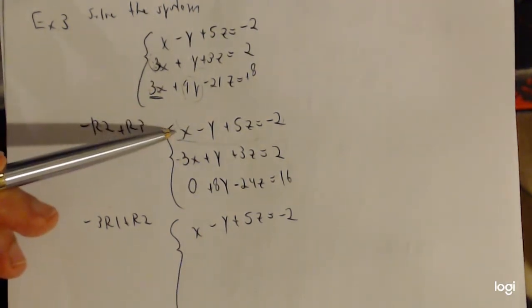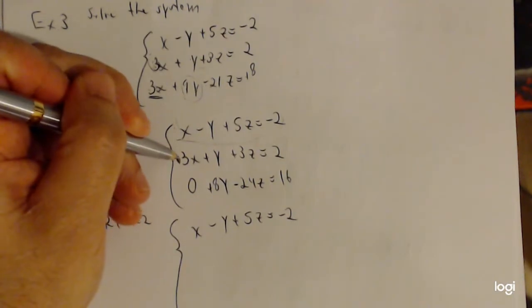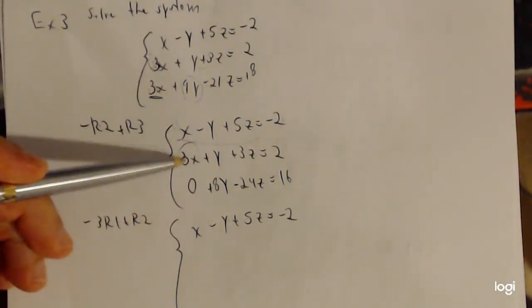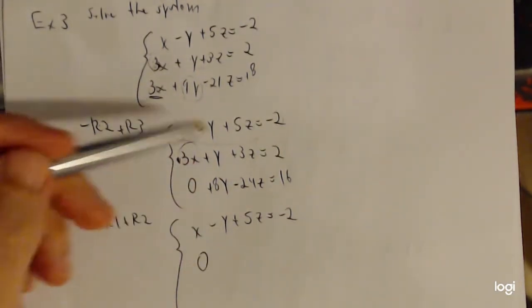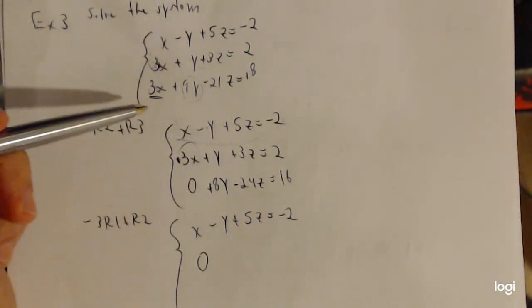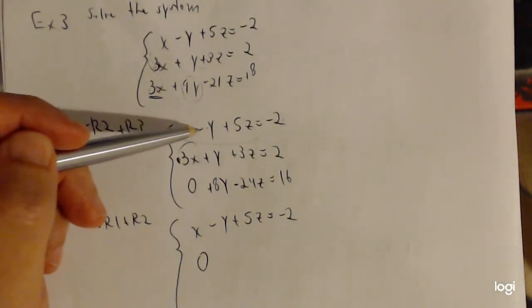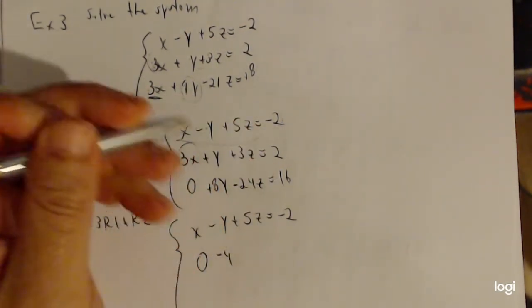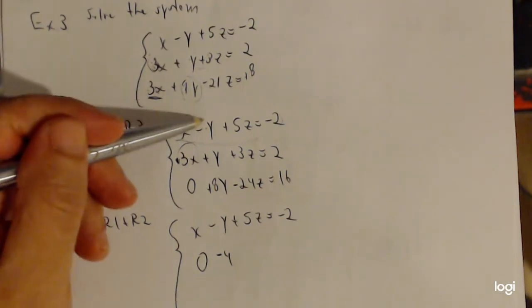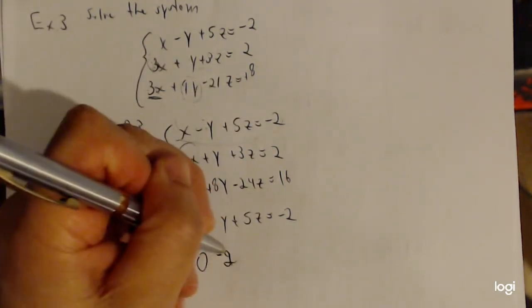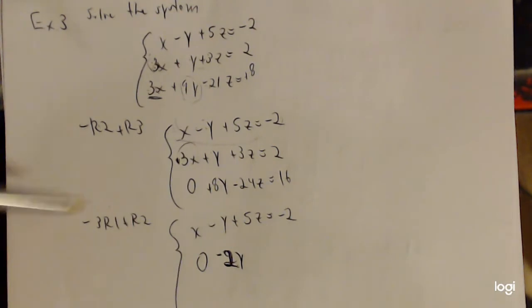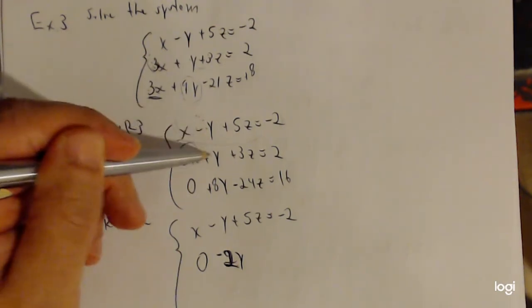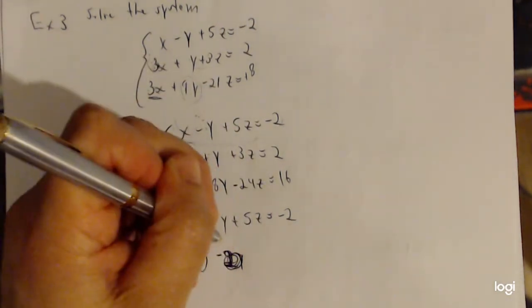Negative 3 times x is negative 3x. And by the way, this is not a negative, right? This is just positive 3x. So negative 3x plus 3x is 0. And then negative 3 times negative y is 3y, plus y, so this is a 4y.